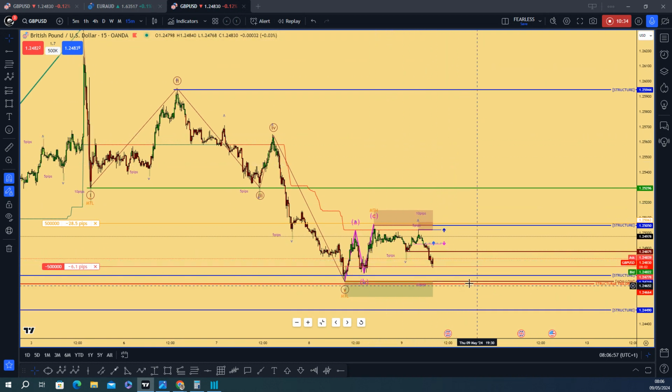But if that point is not broken, I'm repeating myself because this is very important, and price starts to break above here, then you still have a bullish market. A break below here gives you 100% confirmation that all the smaller time frames and the 1 hour chart are now bearish.